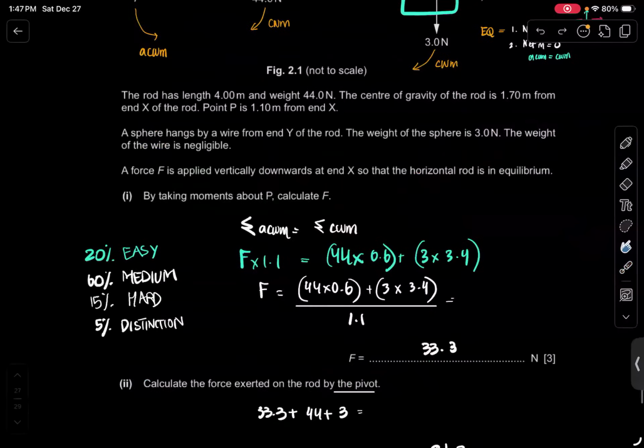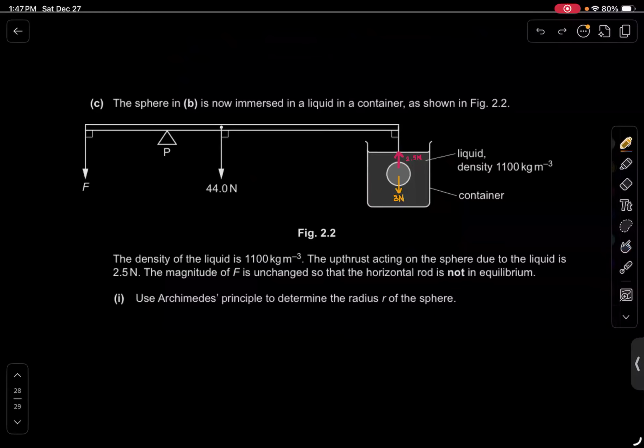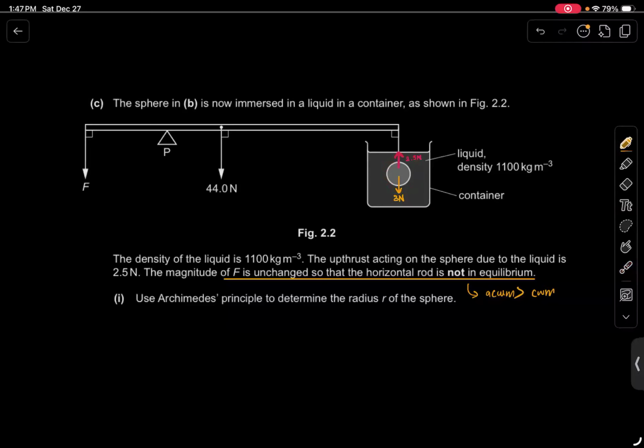They've even told you over here that the magnitude of F is unchanged so that the horizontal rod is not in equilibrium. That's very important. That means the anti-clockwise moments are now greater than all the clockwise moments, because you cushioned the effect of the sphere.